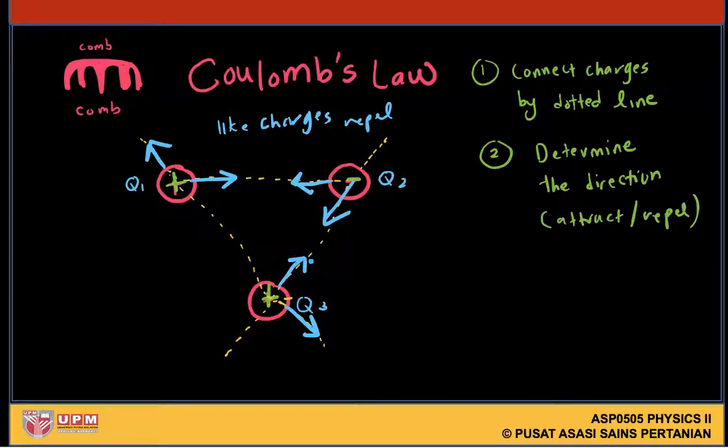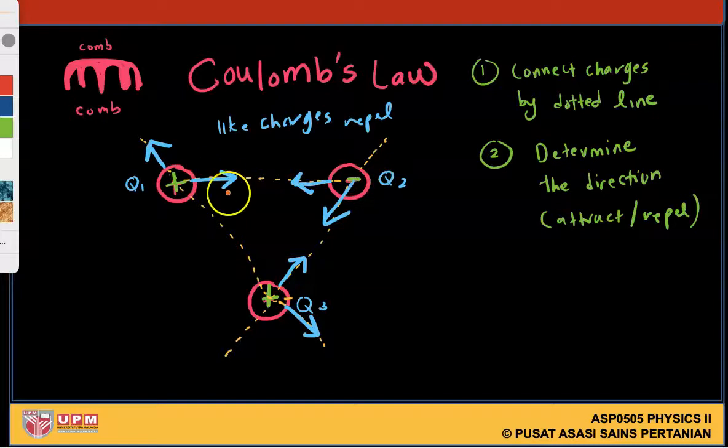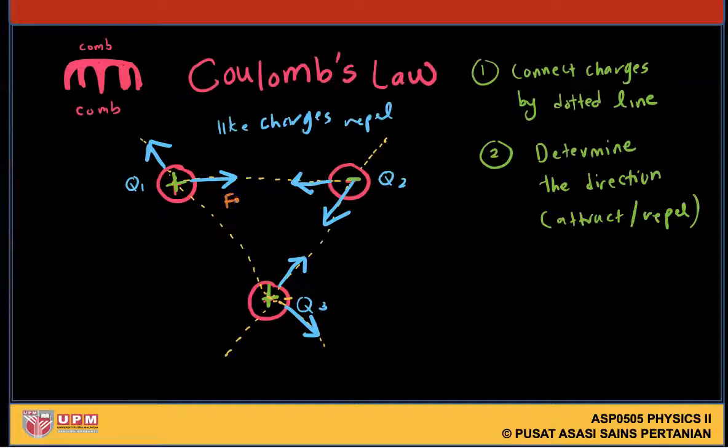Now, what I have drawn here is the forces acting on each charge. If I were to label these forces, let me try using a color that is visible to everyone's eyes. This one is due to Q2, so I should label this as F on 1 by 2.